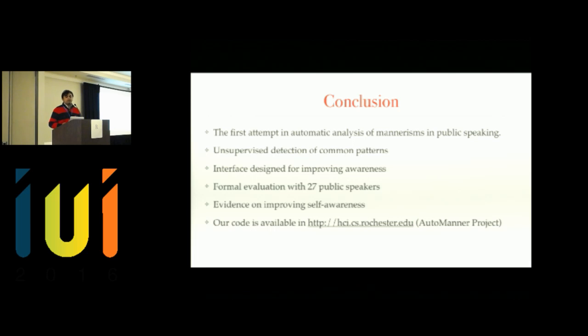Our code is available at hci.cs.rochester.edu under the AutoManner project. In future, we want to apply this algorithm to other modalities like facial expression, speech, prosody, and we want to make a Kinect game out of this. So thank you for listening to my talk.